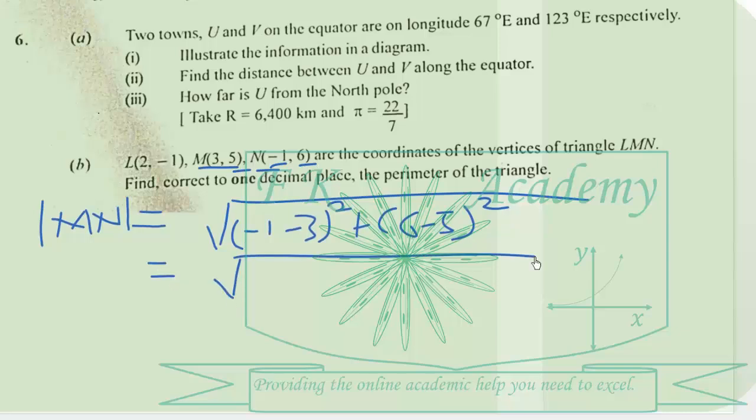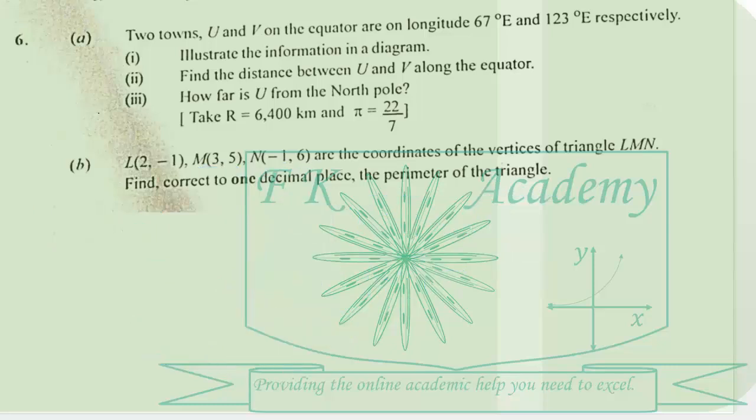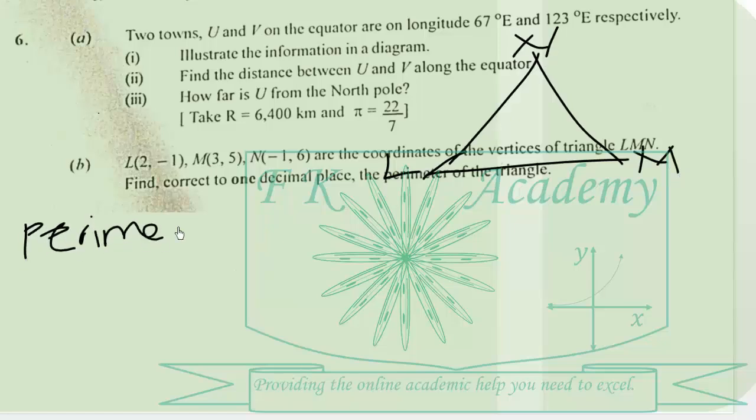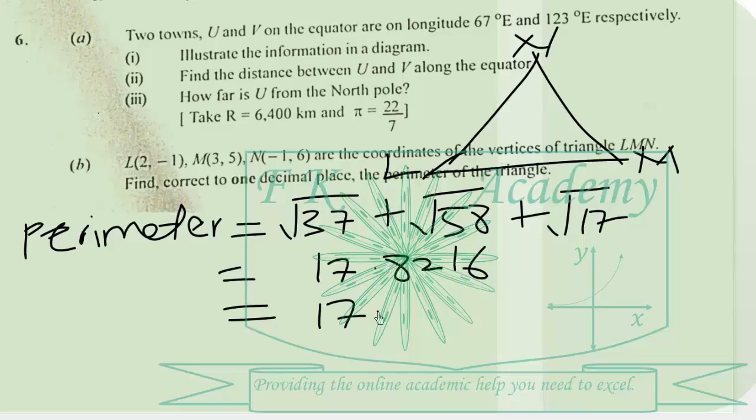And this will give us negative 4 squared plus 1 squared, which will give us 16 plus 1, which is square root of 17. So the perimeter of triangle LMN is the distance around the figure, the sum of the distances, which is root 37 plus root 58 plus root 17. And this will be equal to 17.821 to 3 decimal places.